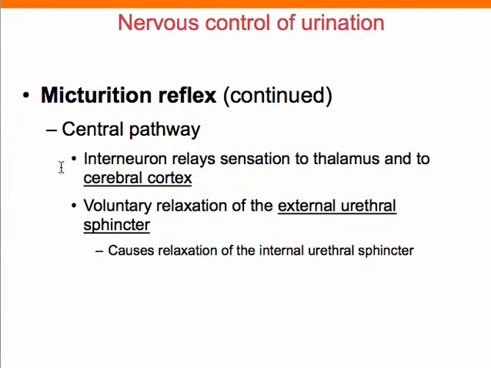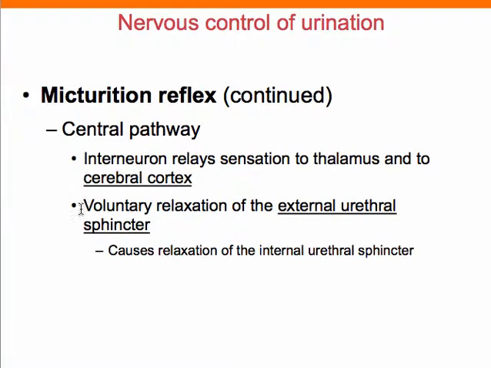The central pathway is happening at the same time. So as soon as the local pathway is activated, the central pathway alerts the brain that we have to use the restroom or we have to urinate. So interneurons bring the sensation to the thalamus and to the cerebral cortex. Remember, the cerebral cortex has your voluntary muscle movements there.